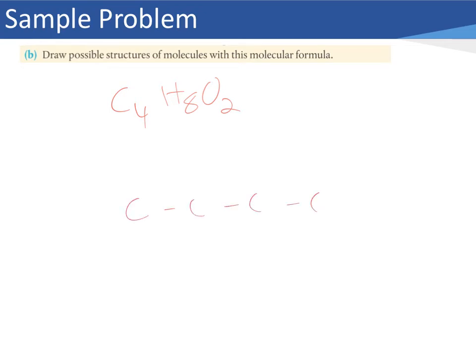Just put them in a line, make some branching, figure out the IHD so you know how many double bonds there are. It's possible that it's a ring structure with only 4 carbons, but not likely. Ring structures usually don't happen until we have more carbons. Not 100% with that, but it's more likely a double bond. So I gave away the fact that IHD is greater than 0, but you could have figured that out.